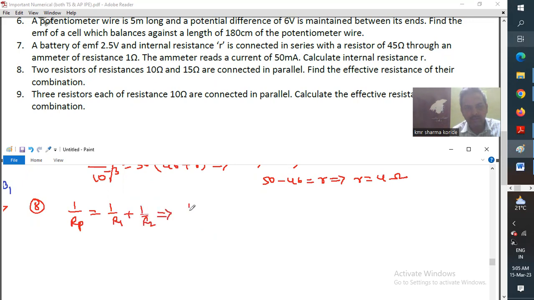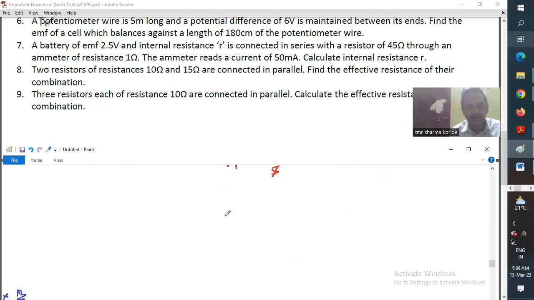Then we are looking for RP, 1 by 10 ohm plus 1 by 15 ohm. So therefore LCM will be 30. 3 plus 2. Therefore RP is equal to 30 by 5. So 6 ohm is the effective resistance.